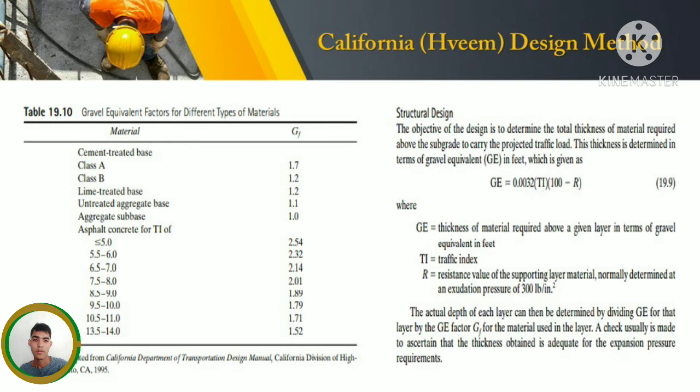The actual depth of each layer can then be determined by dividing GE for that layer by the GE factor G sub F for the material used in the layer. A check usually is made to ascertain that the thickness obtained is adequate for the expansion pressure requirements.